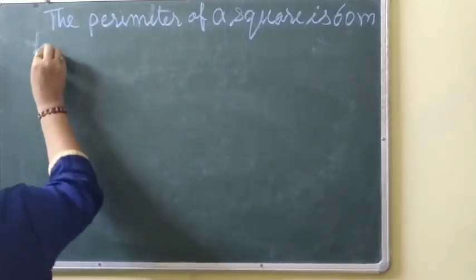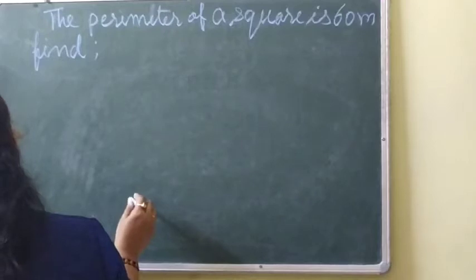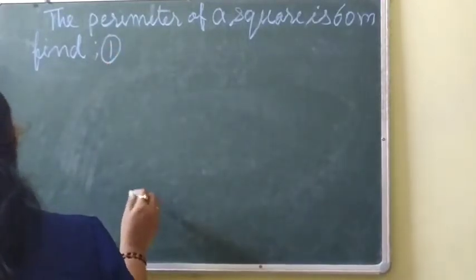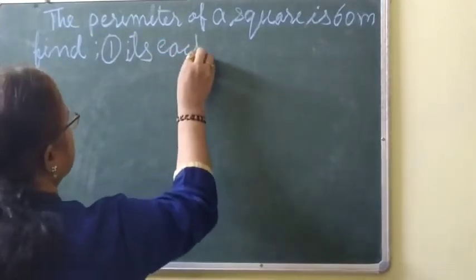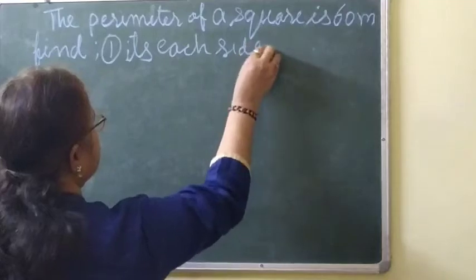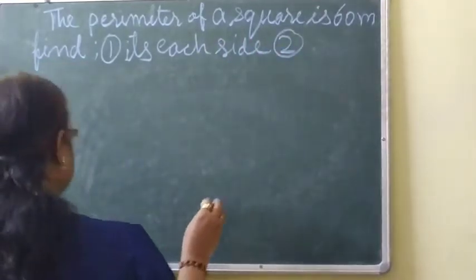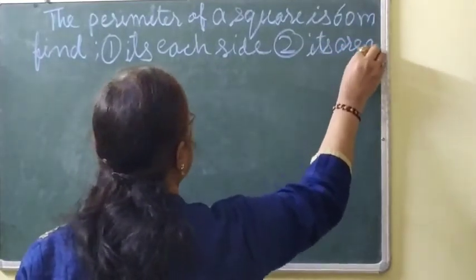Find number 1, its each side. Number 2, its area.